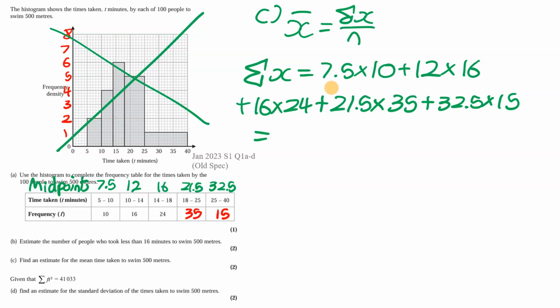And if you add all of these values together and you put this into your calculator, this is equal to 1891.